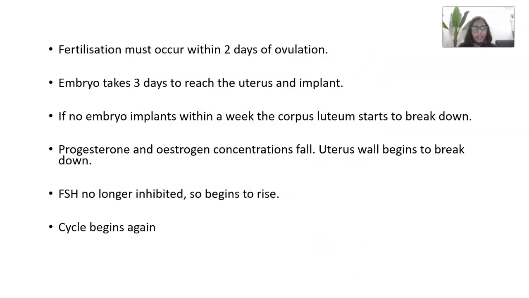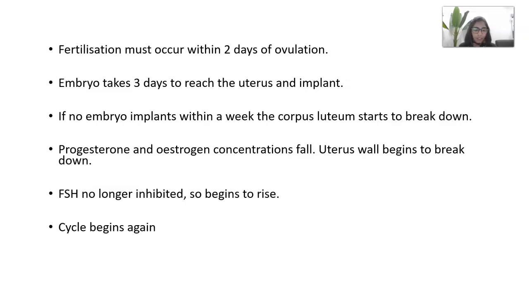Now, after ovulation, fertilization must occur within 2 days. If the embryo implants, then we have the corpus luteum being maintained. If there's no implantation, then the corpus luteum will start to break down, and this will directly affect the concentrations of estrogen and progesterone, which will also start to fall.